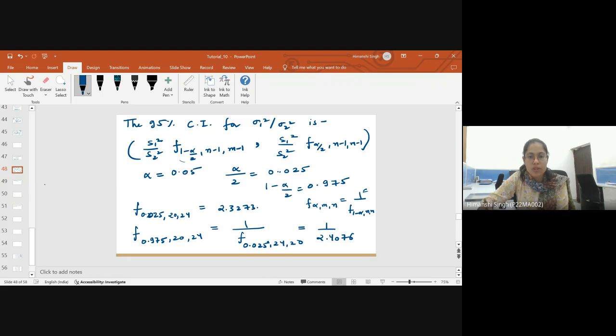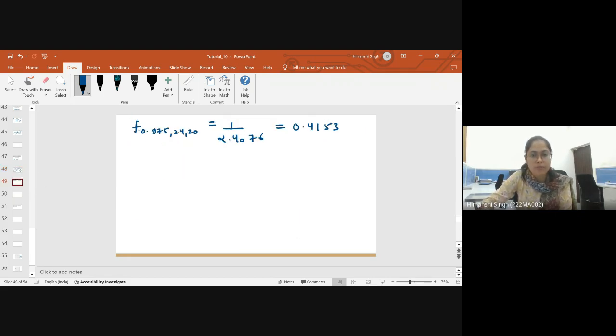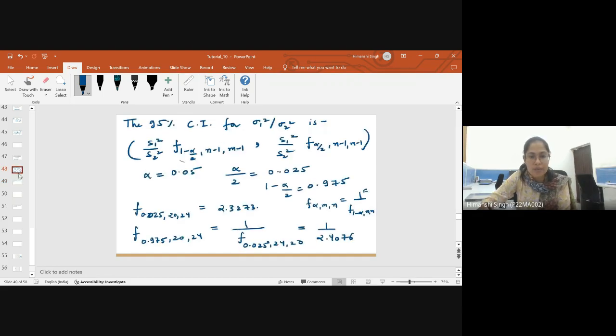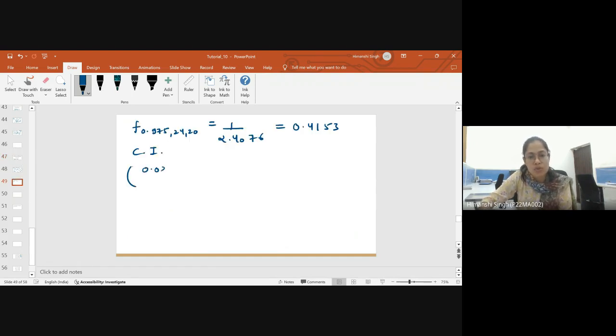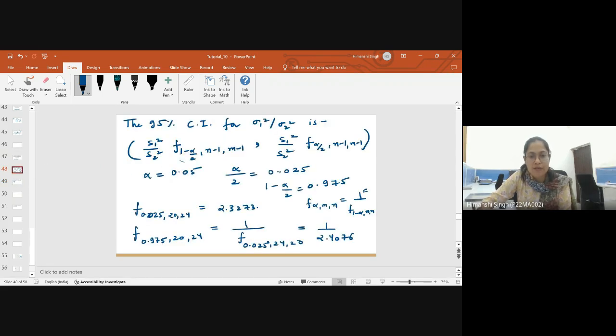Now we will put the values here. The confidence interval will be S1 square by S2 square, where S1 square is 0.021 and S2 square is 0.018, multiplied by F of 1 minus alpha by 2, n minus 1, m minus 1.